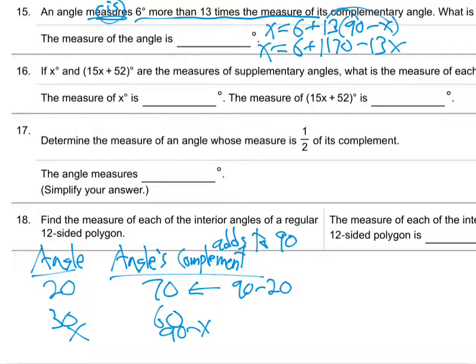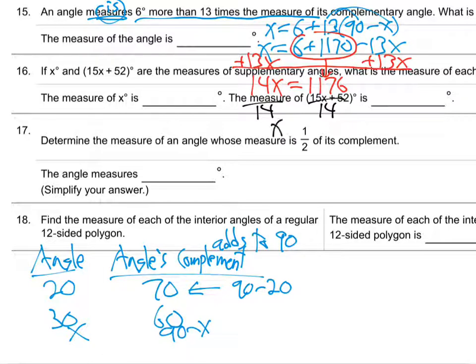Okay, so what do you do when you have x's on both sides? Do the opposite of one of them. Add 13x to both sides. So this will be 14x, and 6 plus 1170 is 1176. And last step to solve for x, divide by 14.